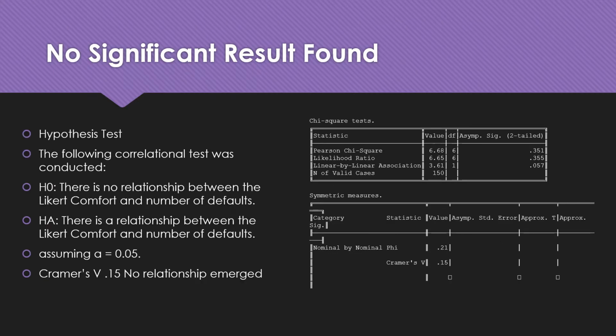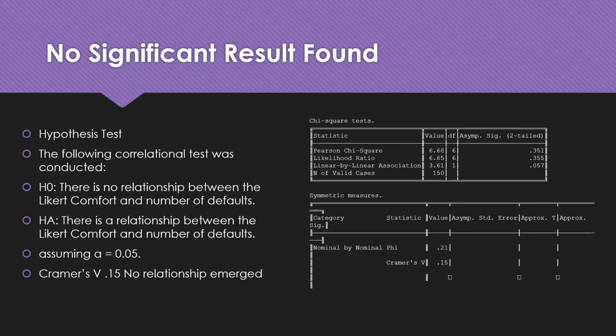In our second exercise, the following correlational test was conducted. Our null hypothesis is there is no relationship between the Likert comfort and number of defaults. The alternative hypothesis is there is a relationship between the Likert comfort and number of defaults.